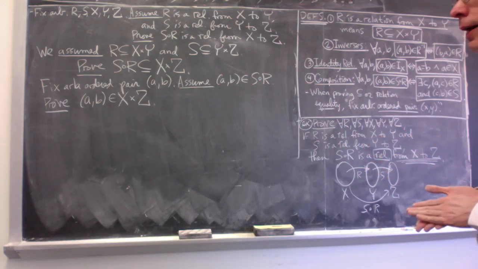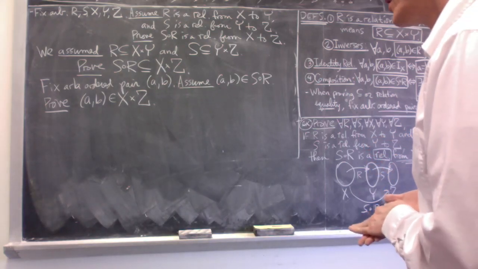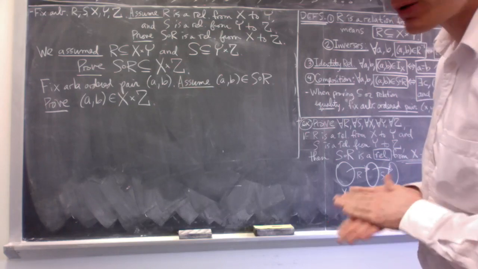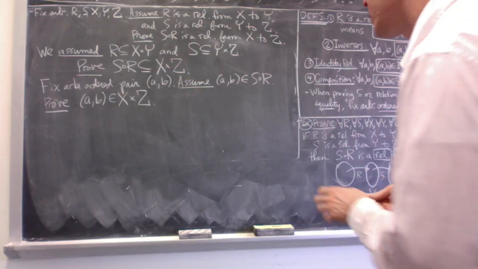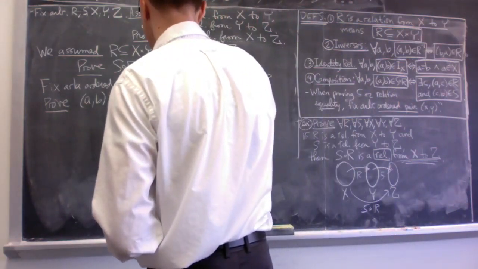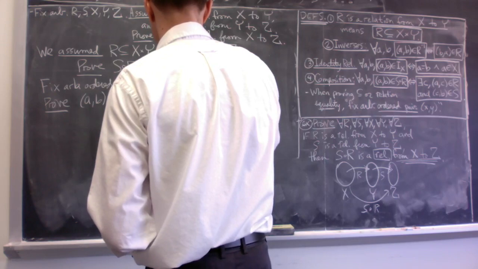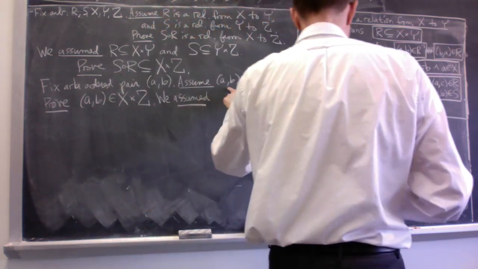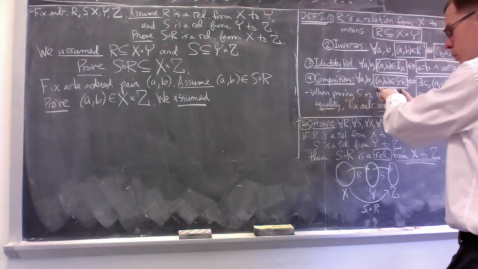Looking at the last few things you've written, are there more definitions to expand? And yes, there are. This is a definition, this is a definition. So what do they mean? We assumed, all right, this is a word-for-word copy of this one.